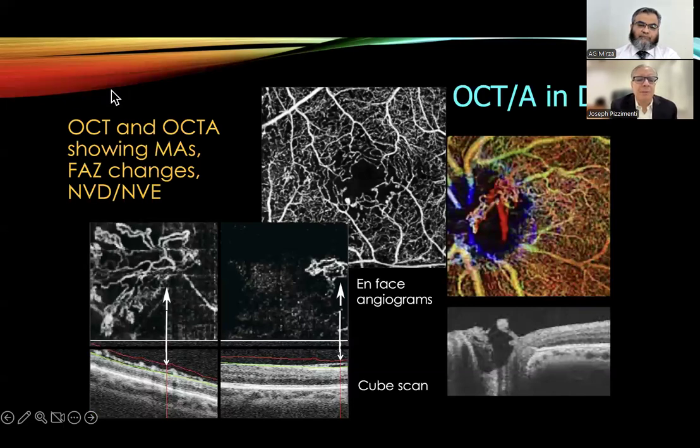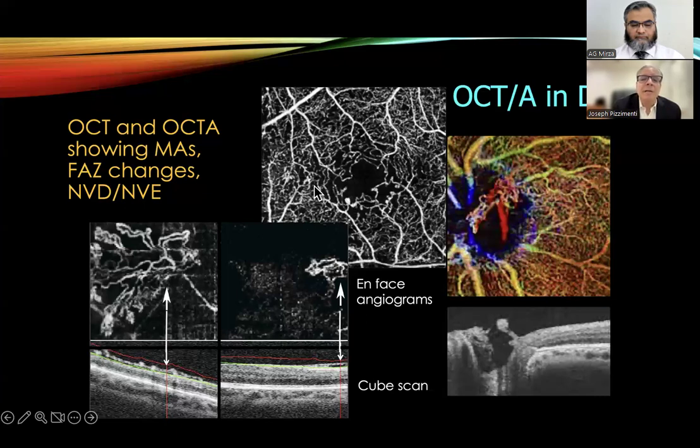And here is just an example from some patients in our clinic of structural OCT showing neovascularization of the disc, structural OCT showing neovascularization elsewhere on the retinal surface, and OCT angiography of these areas at the level of the vitreoretinal interface, where we can see this neovascularization elsewhere and neovascularization on the optic disc, as well as areas within the foveolar avascular zone and around the foveolar avascular zone of non-perfusion.